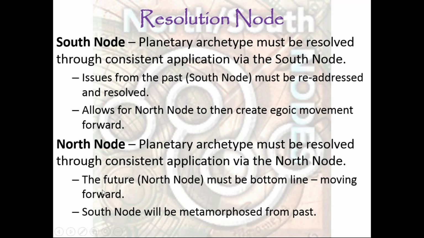And if we are working to consistently move this planetary archetype forward through the north node, then the south node will get metamorphosed from the past. Resolution node, south node, got to go back and address that planetary archetype via the past. Resolution node, north node, that planetary archetype must be consistently moved forward through the north node.